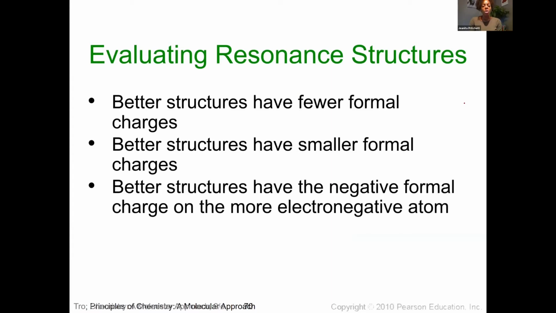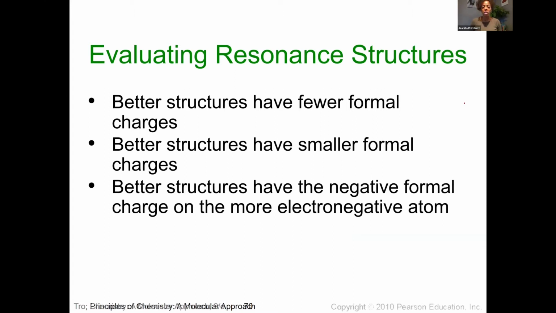Now, when we're evaluating which structure will be more preferred, we're going to keep in mind these 3 simple rules. First, you're going to be looking for a structure that has the fewest number of formal charges present. When you're dealing with multiple options, the one that has fewer formal charges would be the more preferred structure.